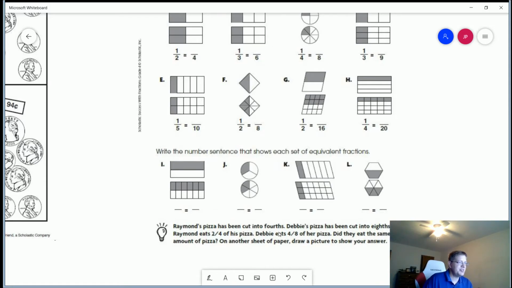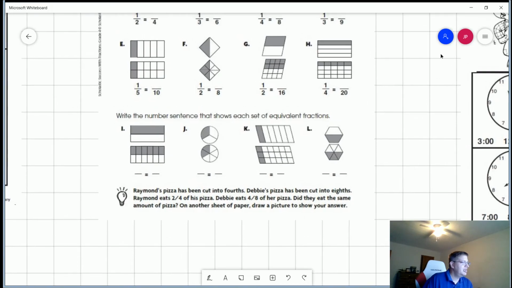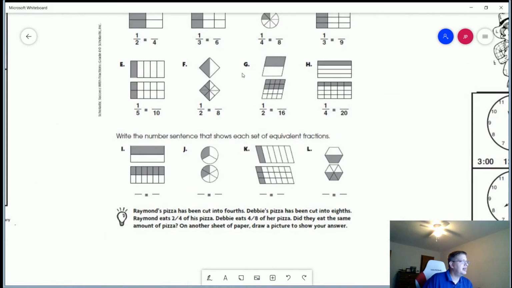We do have a bonus question down here to see if both of these things are the same. You can actually use some of the other pictures to help you figure that out. Actually, you can use this one, I think. Oh, that one's a little bit strange. Yeah, you can use this one to help you for part of that, and then you can use the 1/2 to fourths to figure out why that works.